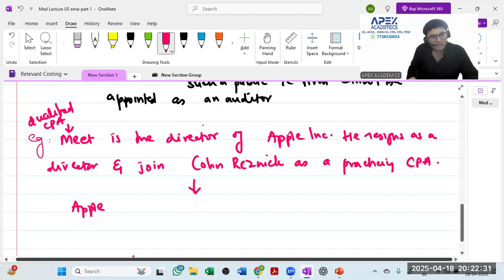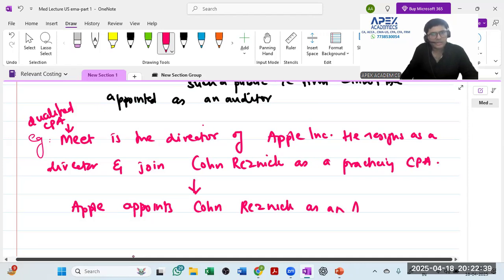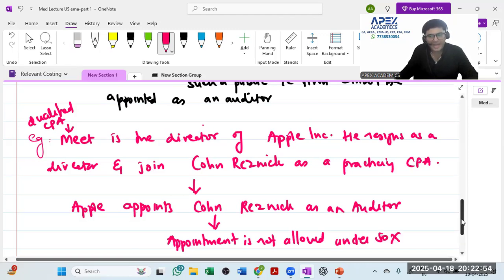Apple appoints Con Resnick as an auditor. This appointment is not allowed under SOX. Why?